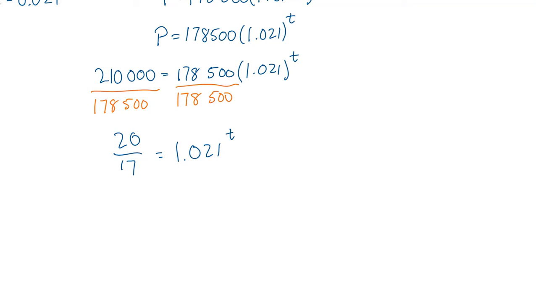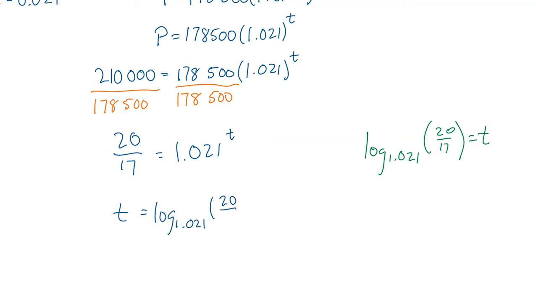So the rearranging is, the base stays the same. I'm doing this backwards. Log base stays the same, and then 20 over 17, and that equals t, because logs find exponents, but I always write it the other way, so it's t equals log base 1.021 of 20 over 17.